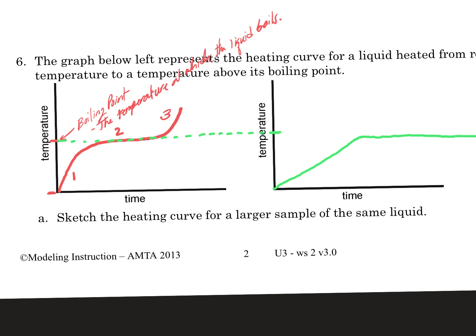But the temperature stays the same as it's boiling. And then once we boil everything away, and now we're all vapor, then we can increase from there. So that would be the difference between having a little bit of material and a lot of material.